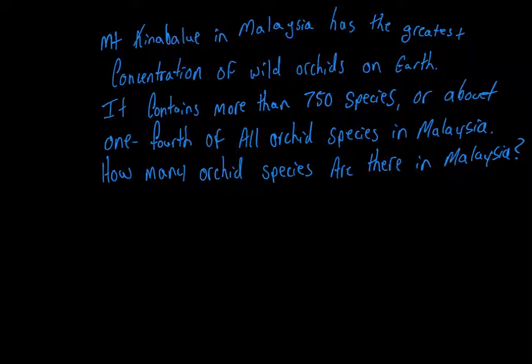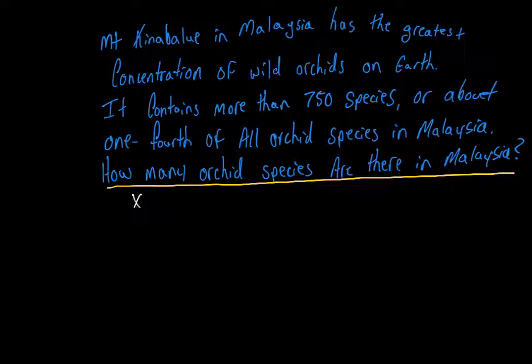All right, hopefully you tackled this problem the same way that we did the example. First thing that I would do is go through and find out what you are asked to find. And the question is the very last sentence right here: How many orchid species are there in Malaysia? What I would have done is assigned a variable to that, and I would have used x.